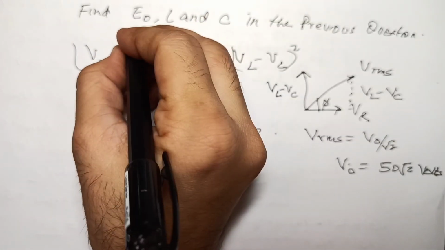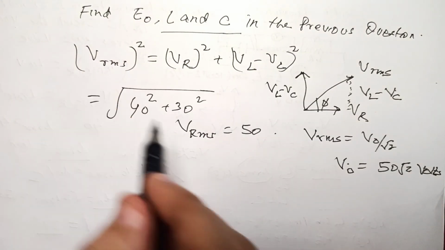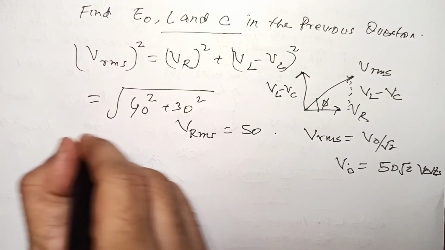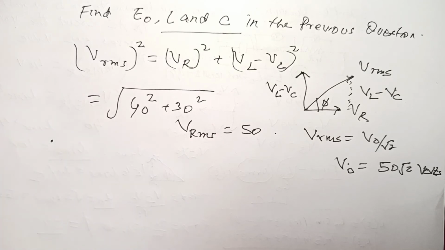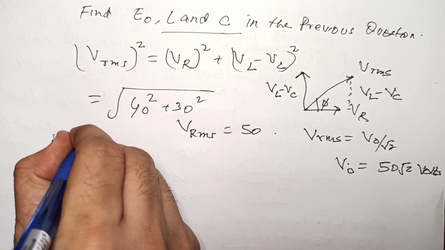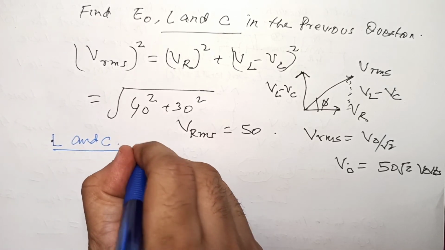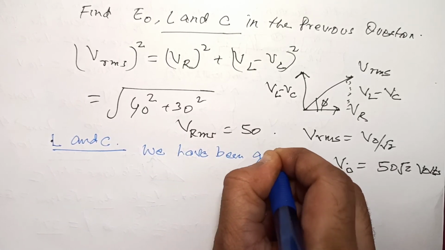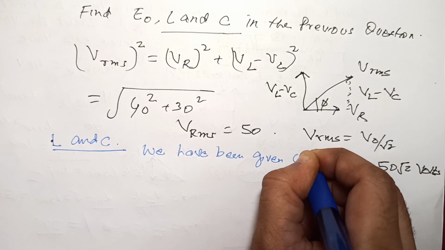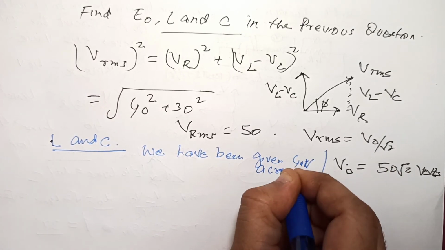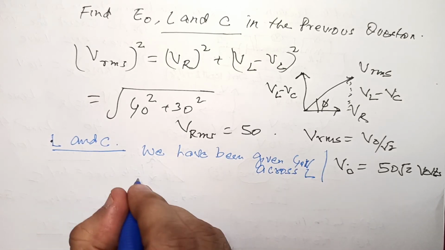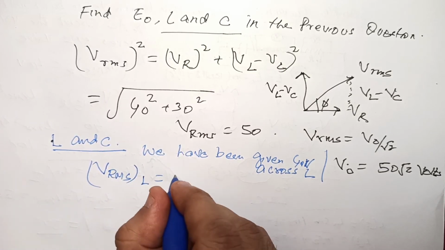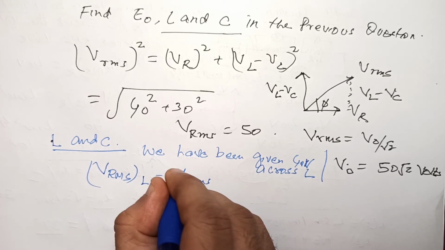Now the last portion is L and C. This is very simple because we have been given 40 volts across L. So VRMS across L is equal to IRMS into XL.